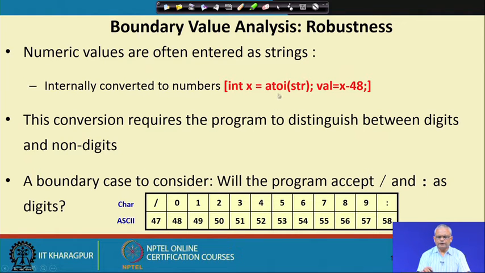But then if we give an invalid value such as slash or colon, then we can check that it gives us a wrong value, and therefore, we must include the one which is invalid integer representation, and that we call the robustness testing.